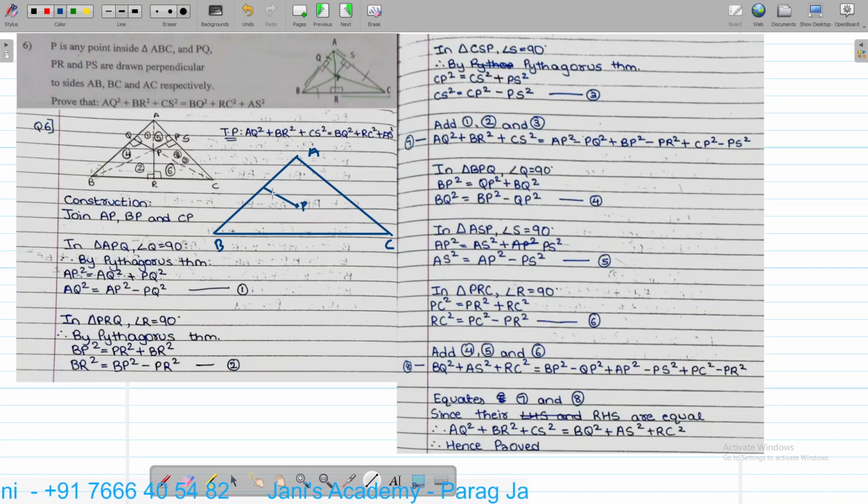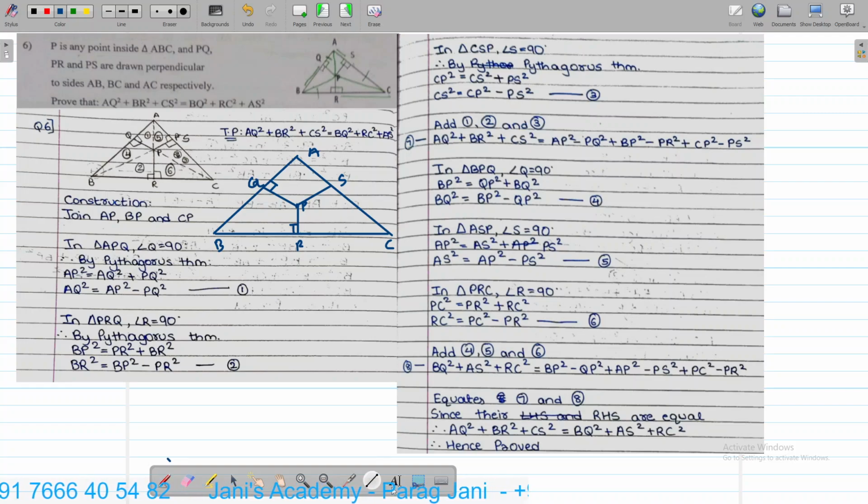PQ on AB perpendicular, that means this will be a 90 degree and this will be PQ. Then PR on BC, so this is my PR, BC perpendicular. Then the last one, PS on AC, so this will be your PS.